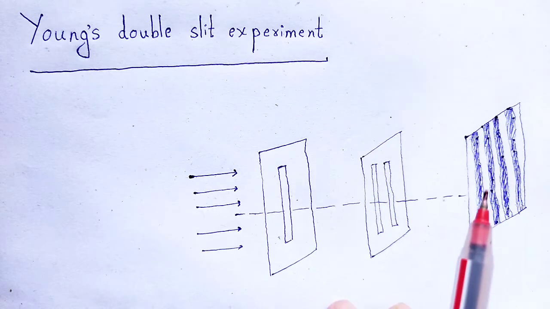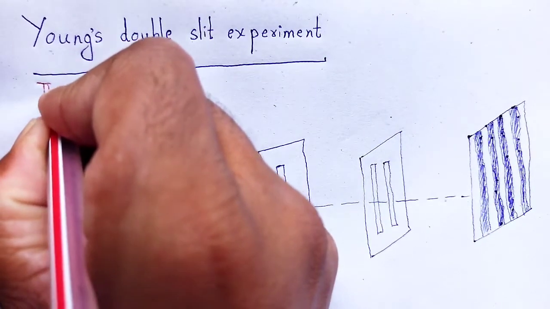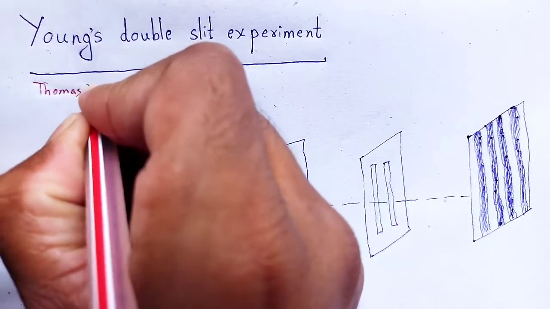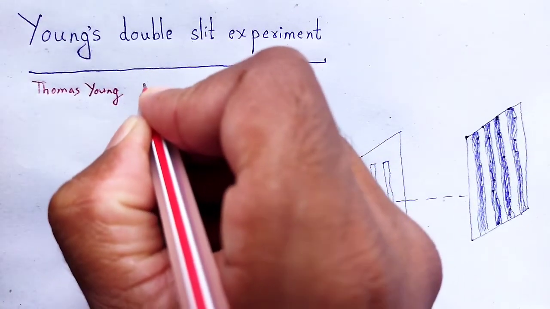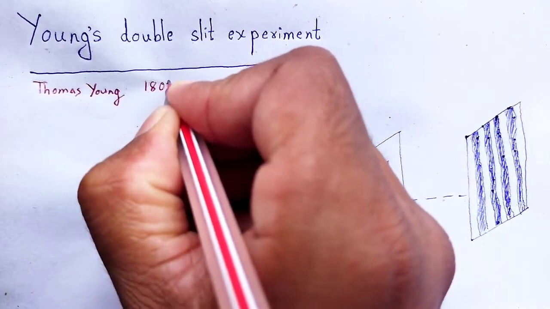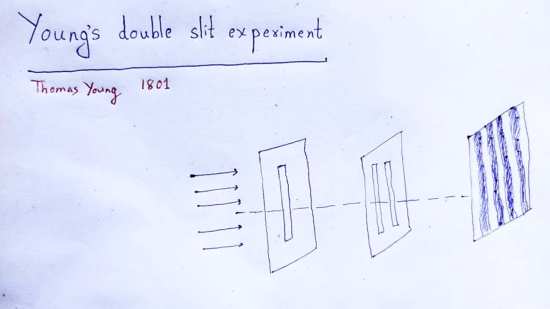The scientist Thomas Young, in the year 1801, demonstrated the phenomenon of interference of light by using the principle of superposition of waves.